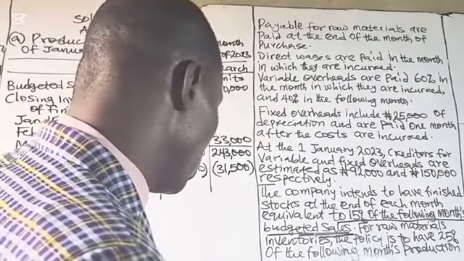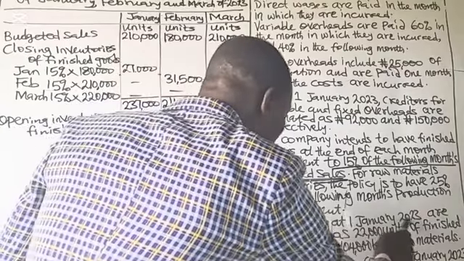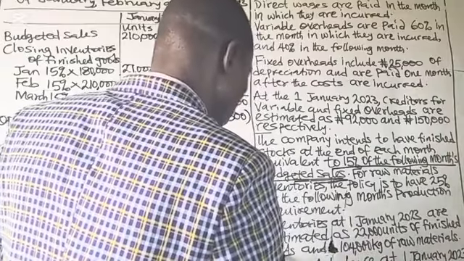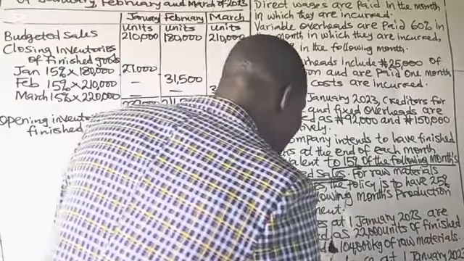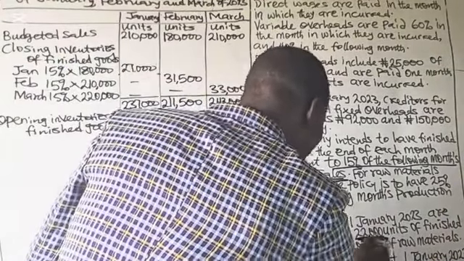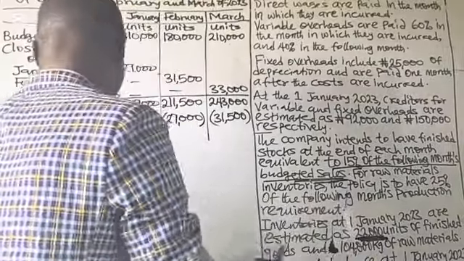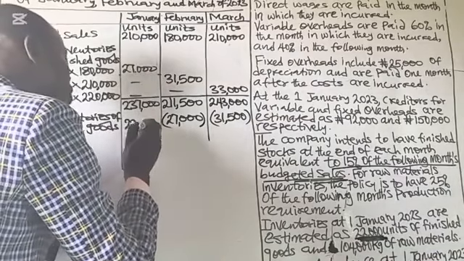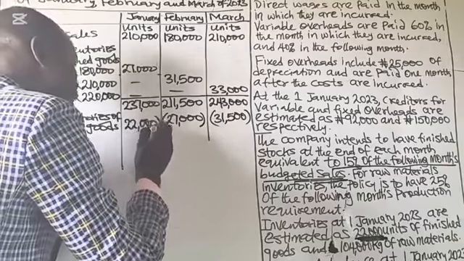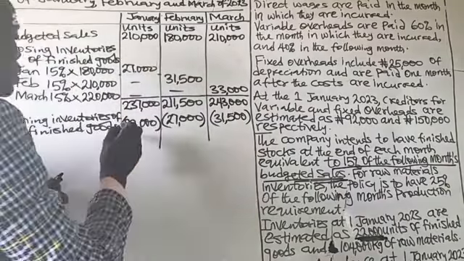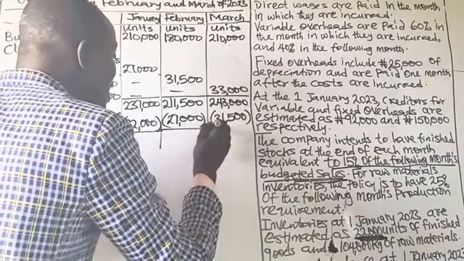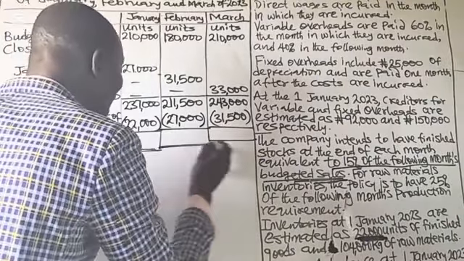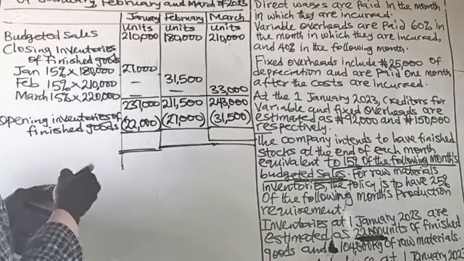Now, let's go back to the notes. We're told inventory at 1st of January 2023 are estimated as 22,000 of finished goods. So this is the opening inventories of finished goods. Please take note of that. It is given in the question. This opening inventory of 22,000 is given in the additional information. So if you subtract the opening inventories, then you will arrive at the budgeted production for the period.